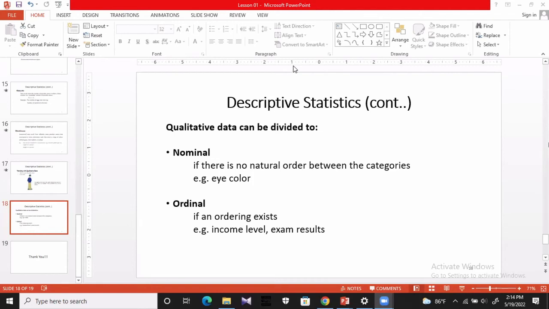Understand? But ordinal data means there exists an order between the categories: rich, middle, poor. Or if you consider your age, that is the best example to explain ordinal data. Your age is a number, a numerical value, and it's quantitative data. But your age can be further categorized into age level.